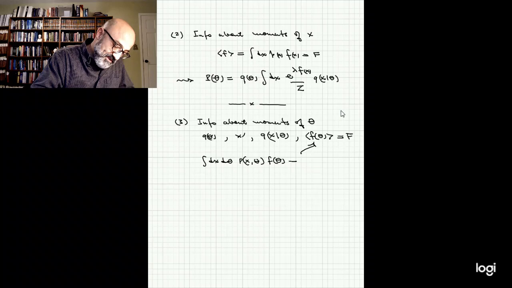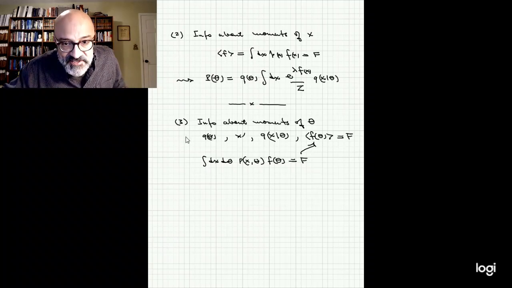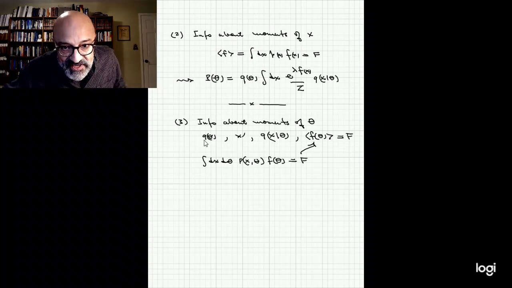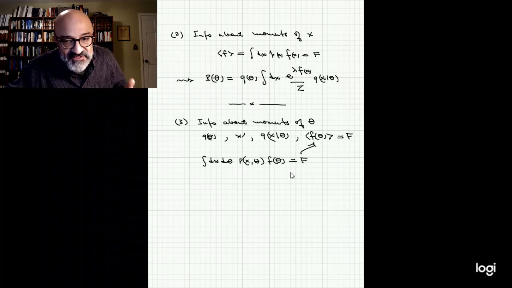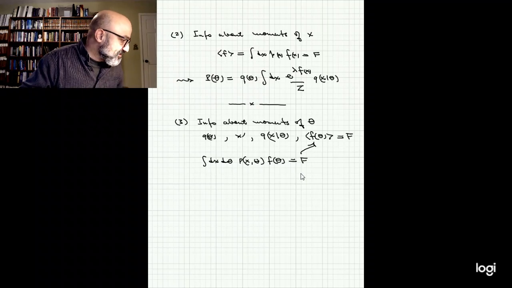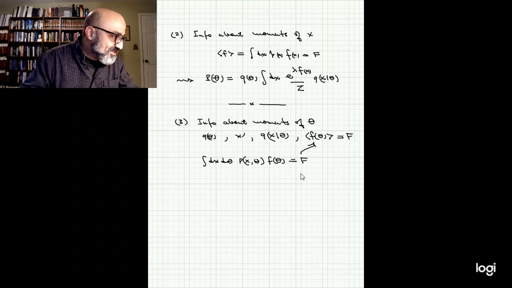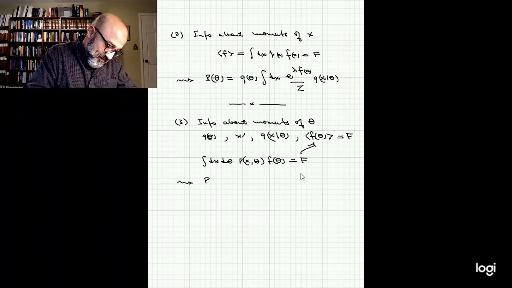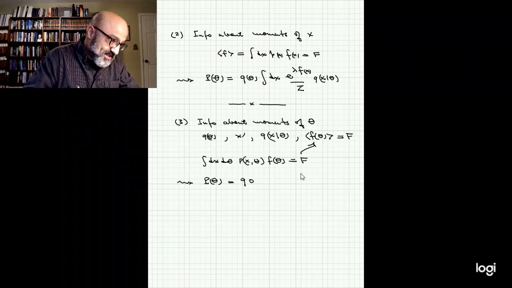theta equals F. As you can appreciate, once we have the prior on x and theta, this is going to give you one delta function, and this is going to give you something else that requires additional Lagrange multipliers. The net result for that one is something like p theta is equal to q theta.